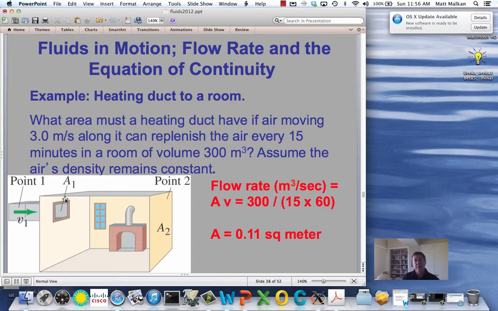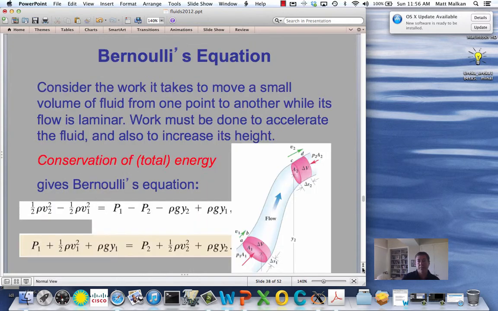In this problem there were 4 variables, and 3 of them were given to you if you work through them properly, and then you're able to work out the one unknown, A1. So that's just coming from continuity. I haven't done anything very fancy yet.